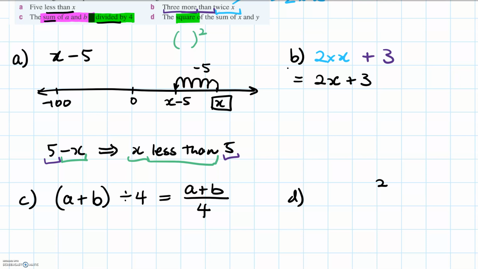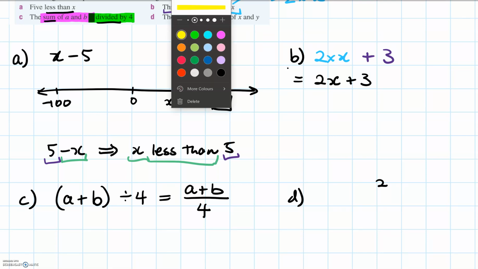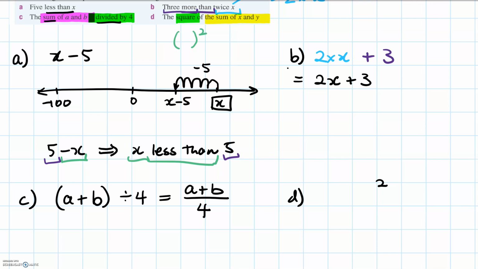Well, what am I squaring? If you have a look here, I'm squaring the sum of x and y. So similar to the previous example, if I see a sum, I'm going to add the 2 together. So here I'm going to do x plus y. Now, is the square applying to just one of my terms? Is it just applying it to the x?